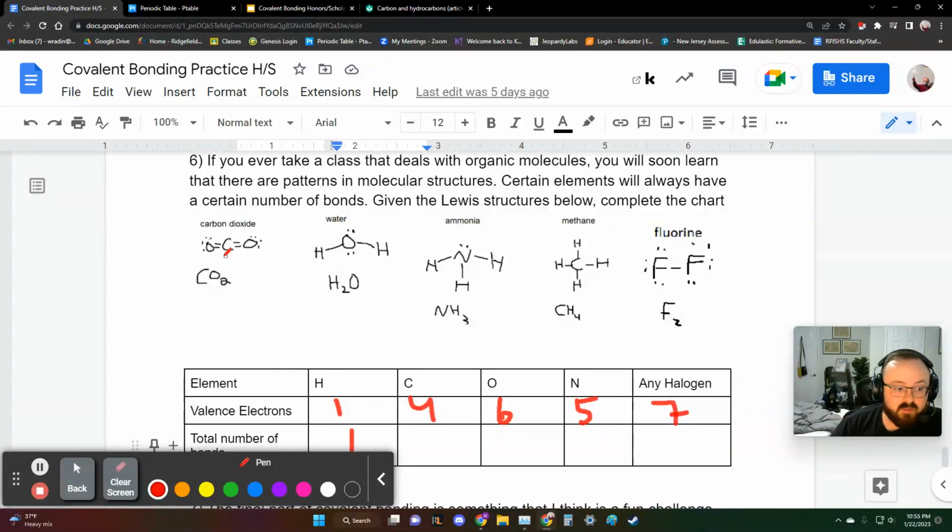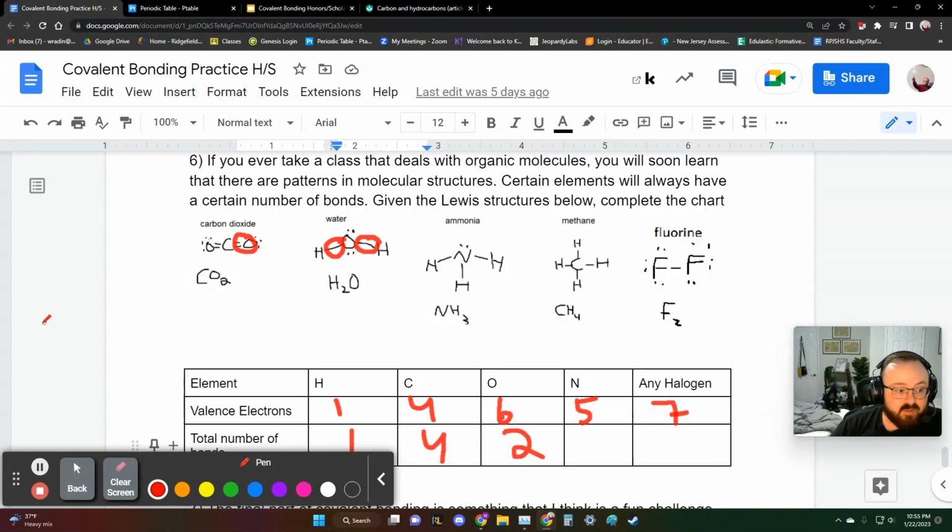Carbon, in something like CO2 or methane here, is always going to have four bonds, which is what makes it so versatile. Oxygen, well, we see oxygen is really going to have two bonds most of the time. There are a few examples where this isn't true.